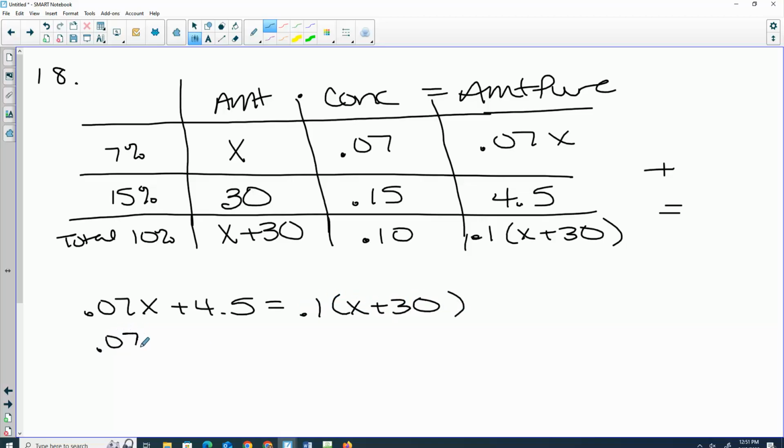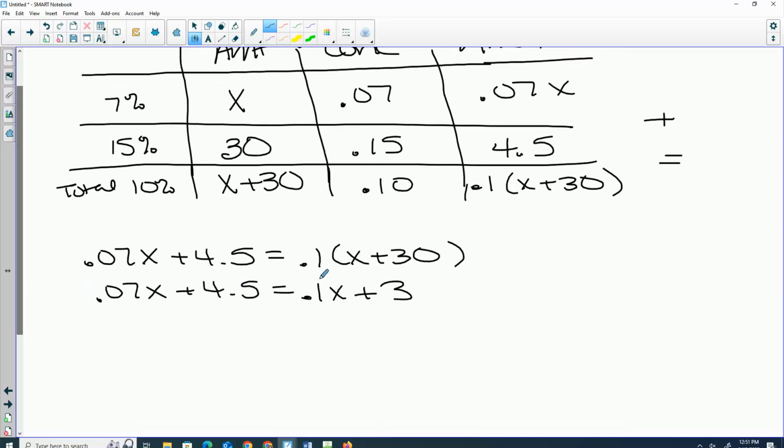So we have 0.07x plus 4.5 equals 0.1x plus 3. If I subtract over my 0.1, subtract over my 4.5, divide by negative 0.03, and we get 50.